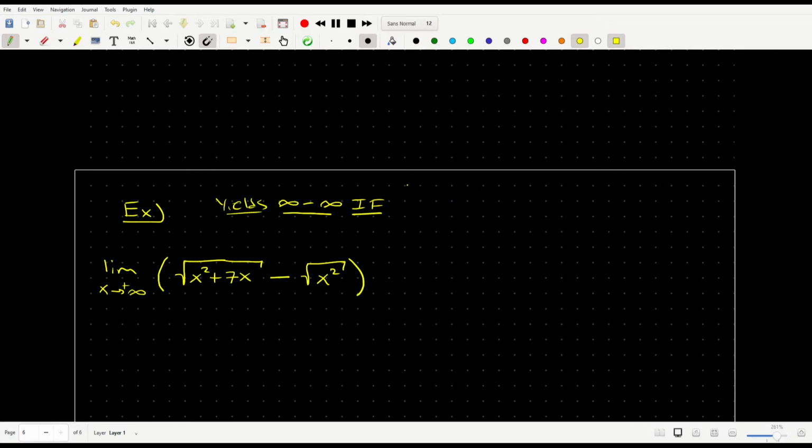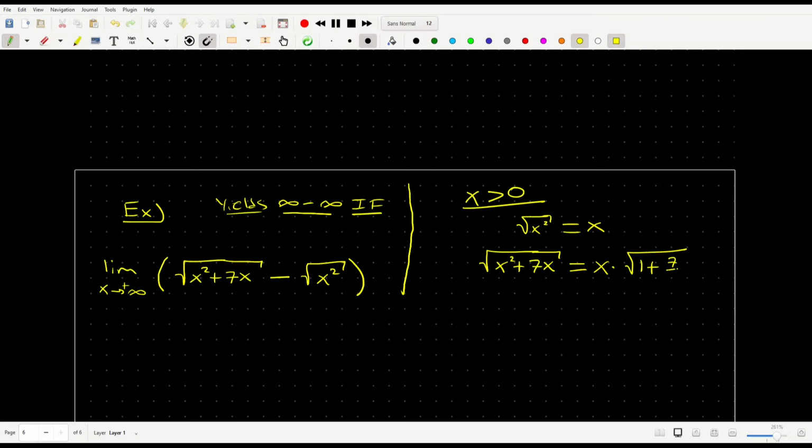I'm going to note here that x is positive, so I can rewrite the square root of x squared as being just equal to x. And I can also rewrite the square root of x squared plus 7x by factoring out the x squared, which will give me x times the square root of 1 plus 7 over x.